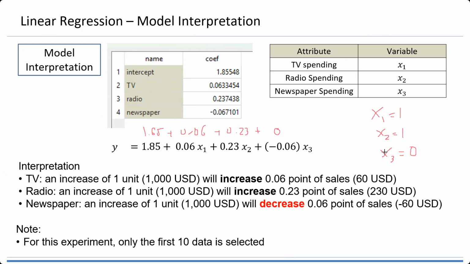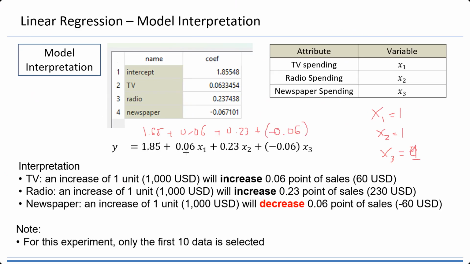Okay. Now, let's say I also have x3 equals 1. Then there will be a number here, 0.06, but it will be minus.